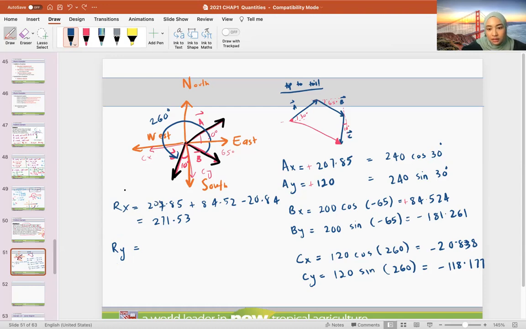So saya bagi tahu jawapan. So RY is equal to apa yang ada kat sini? AY, BY and CY. Okay. So AY is equal to Balkis? Baca kat sini je. Saya dah bagi jawapan. 120.